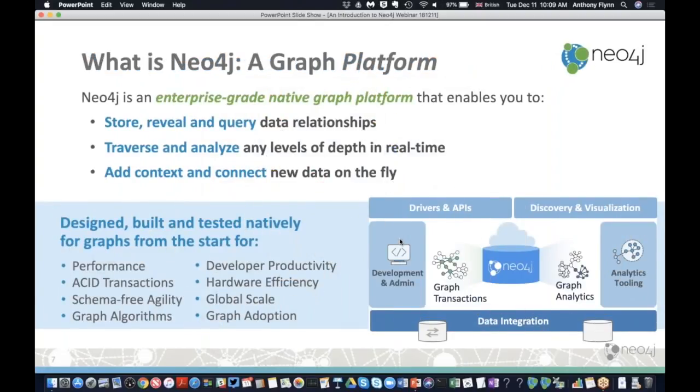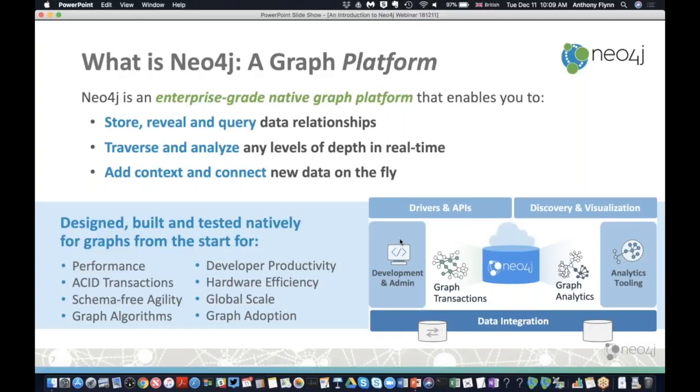So Neo4j then, at its core, it's a graph database. It's a database that stores both data and the relationships between data as equivalent first-class objects. And increasingly, Neo4j is also a graph platform. So it has a number of extensions to allow you to use different development tools, different programming languages.